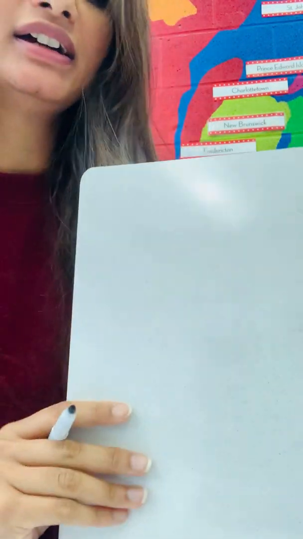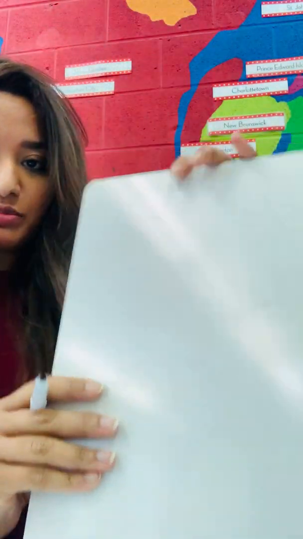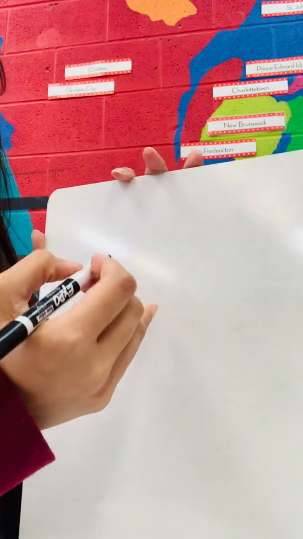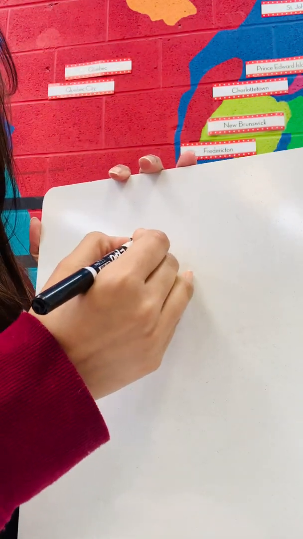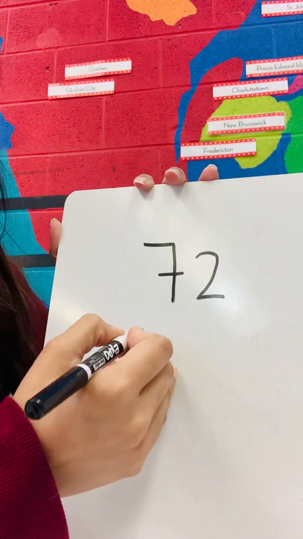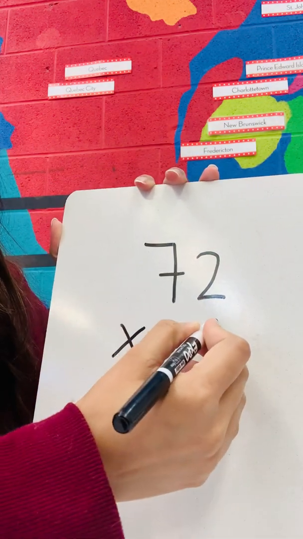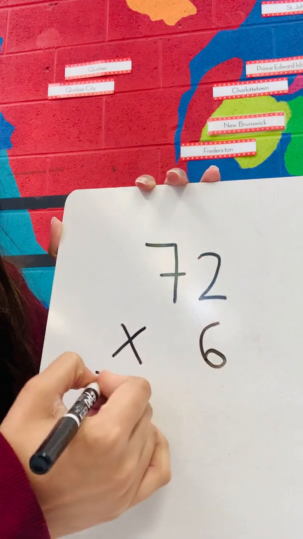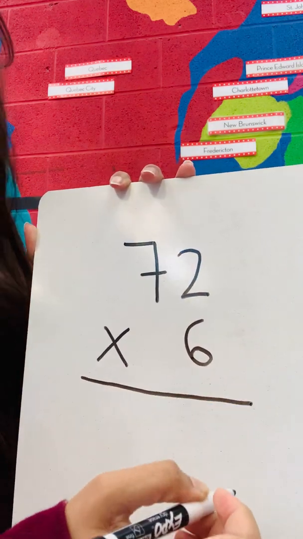I'm going to do it on my whiteboard over here. So let's multiply. I'm going to move to the side so you can see better. 72 times 6. So here we go.